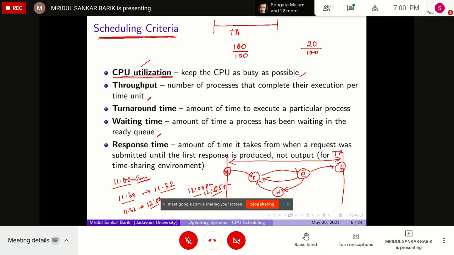So what is the turnaround time? Turnaround time is 12:05 minus 11, so 65 minutes.